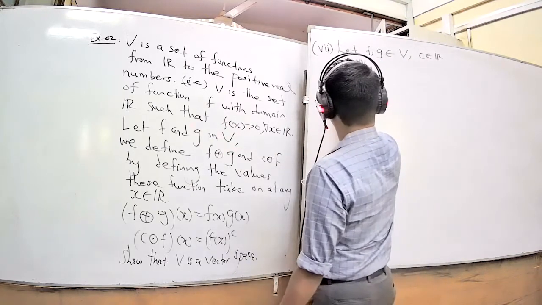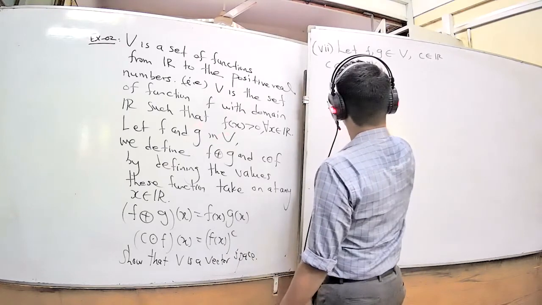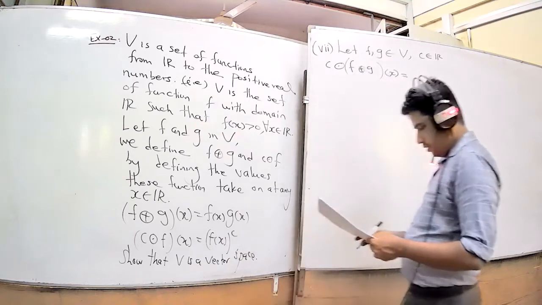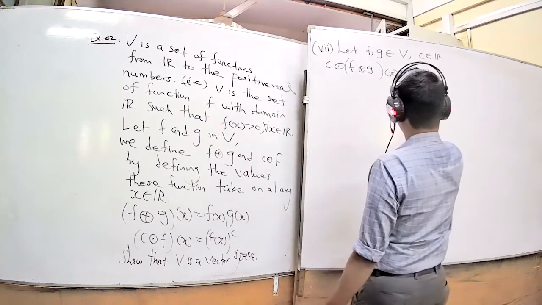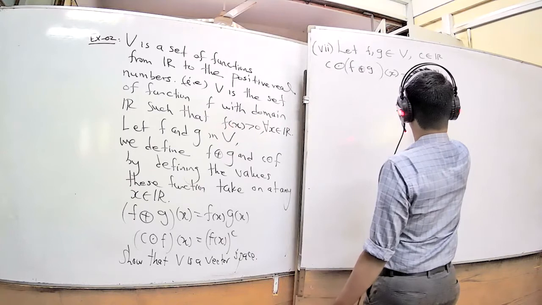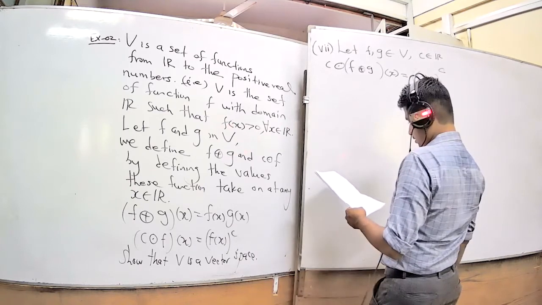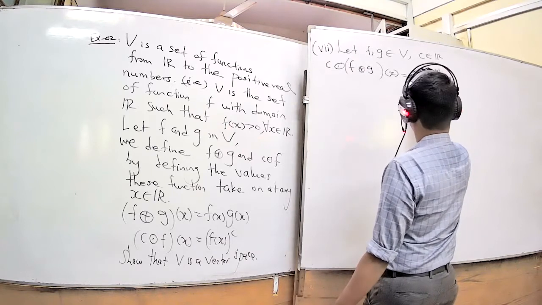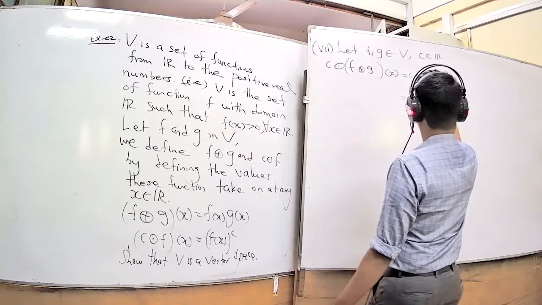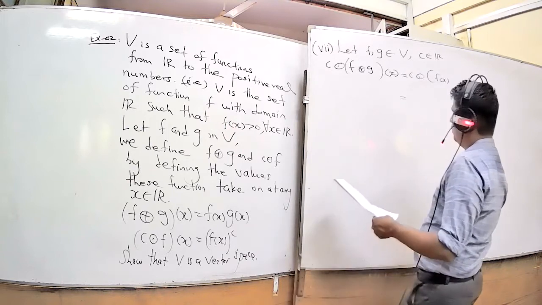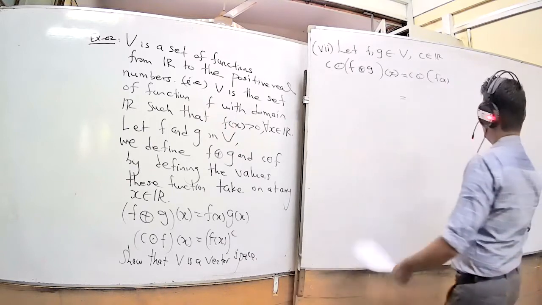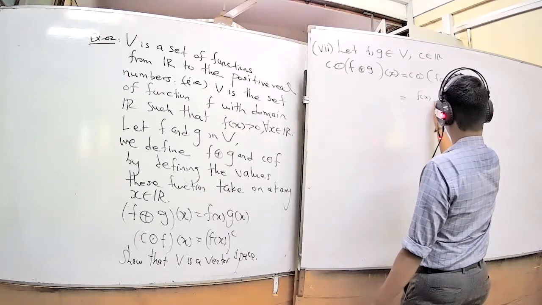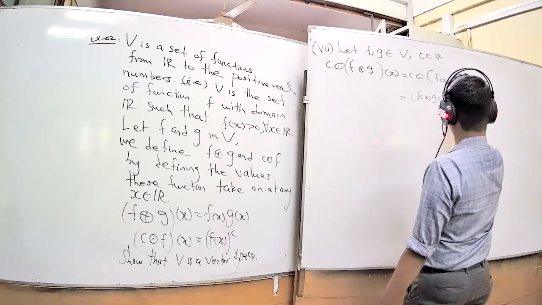So c scalar multiplication of f plus g of x is f plus g to the power c, that means f of x times g of x, all to the power c.